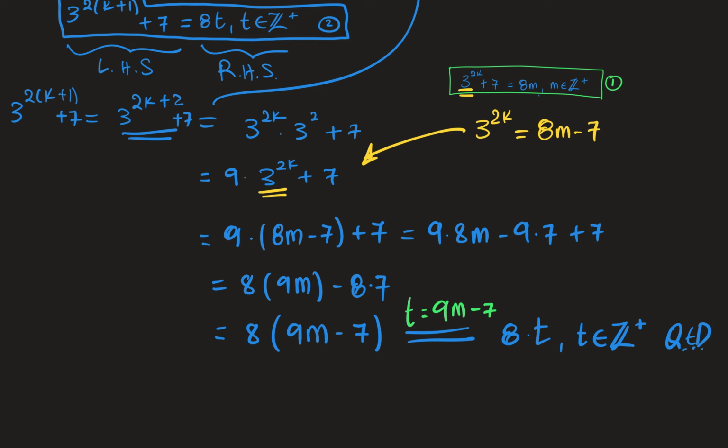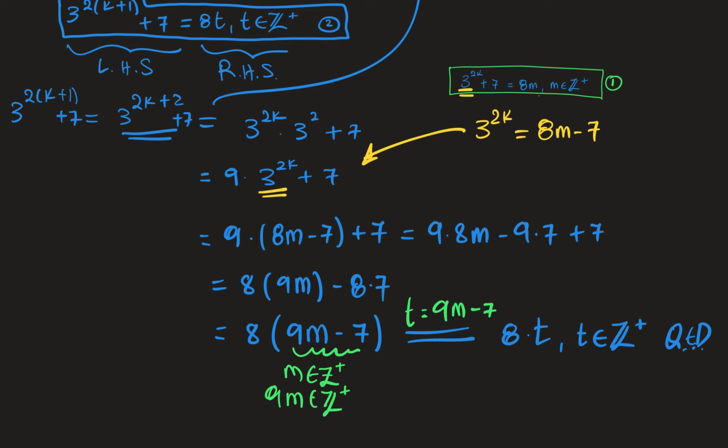Now you might say, well, how do I know that this 9m minus 7 is going to be a positive integer? Well, we said that m is a positive integer, right? So that means that 9 times m is also going to be a positive integer. We don't know which one, and that's the whole point of doing a proof, but we know that it will be at least 9.